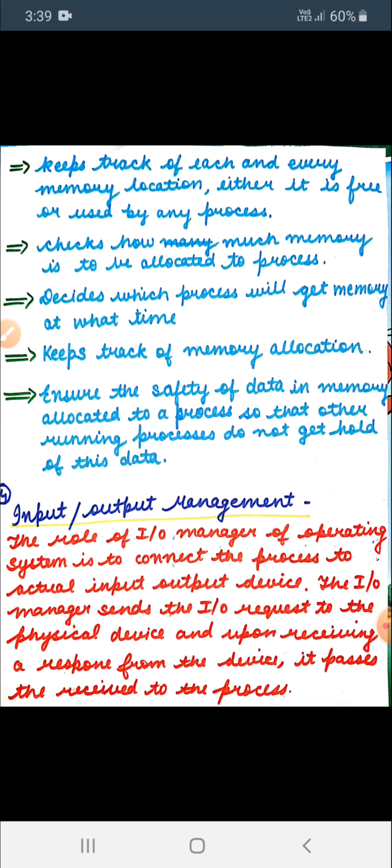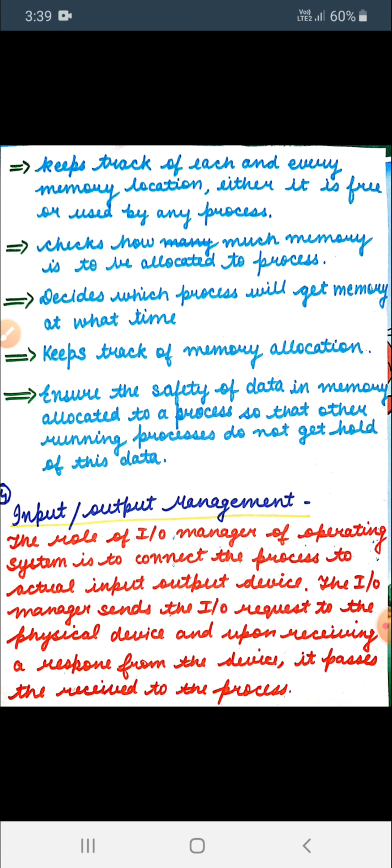Some common memory techniques are single memory allocation, partition memory allocation, paged memory allocation, and segment memory allocation. Memory management is done by the memory manager, which performs these functions.